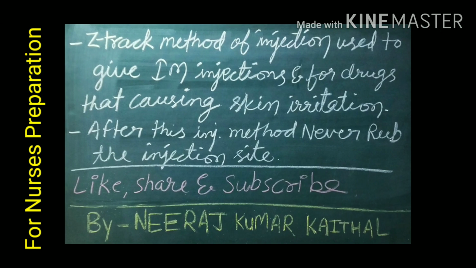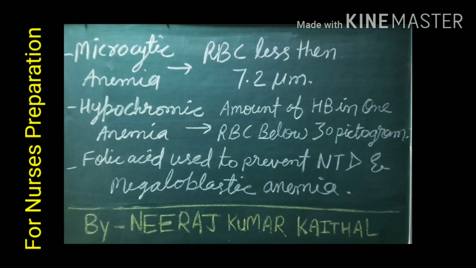Z-track method of injection is used to give intramuscular injections and for drugs that cause skin irritation. After this injection method, never rub the injection site. Microcytic anemia: if the RBC size decreases below 7.2 micrometer, this condition can cause microcytic anemia.